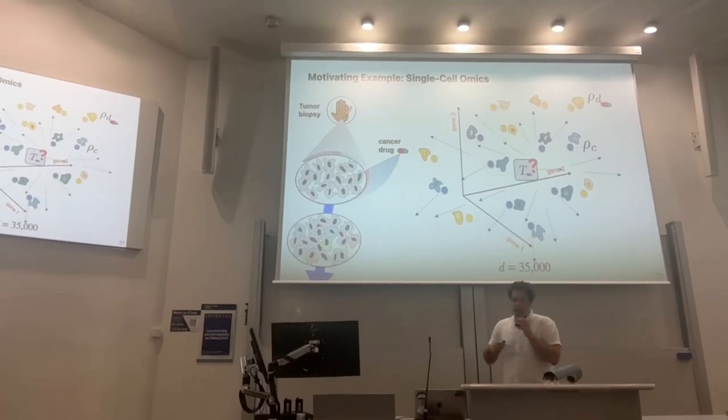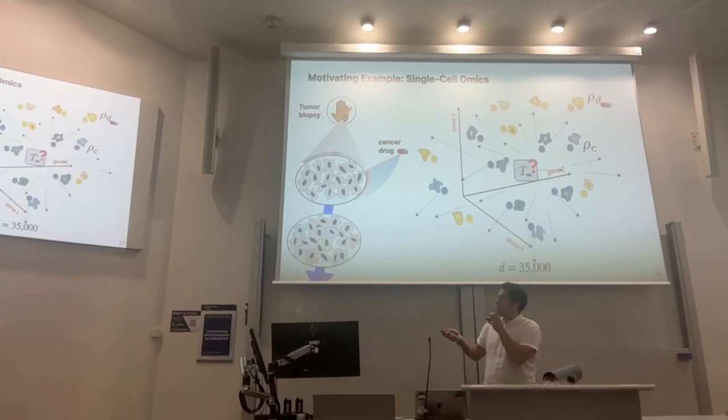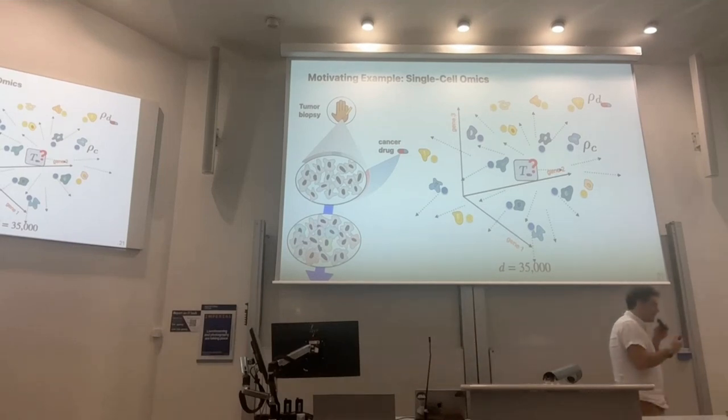And so if you are able now to come up with a map that explains per cell the effect of the treatment, the good news is that we can do this for thousands of treatments. And the good news is also that next time a patient comes in, I get the patient's cells, and I can in silico predict what any of the 1,000 treatments might be doing on that patient's cells, and choose among them.